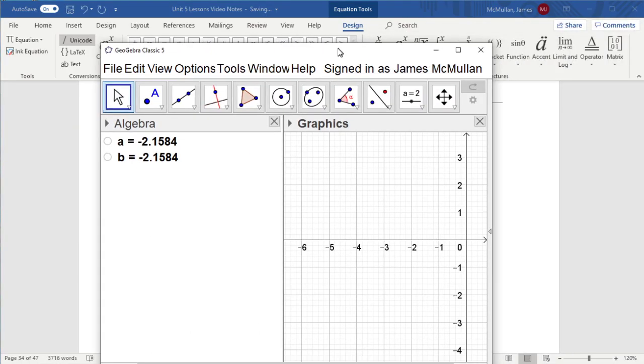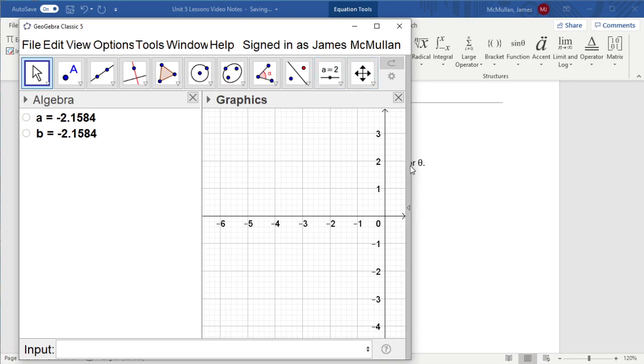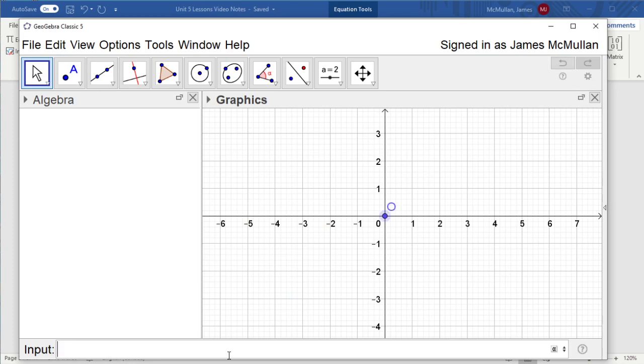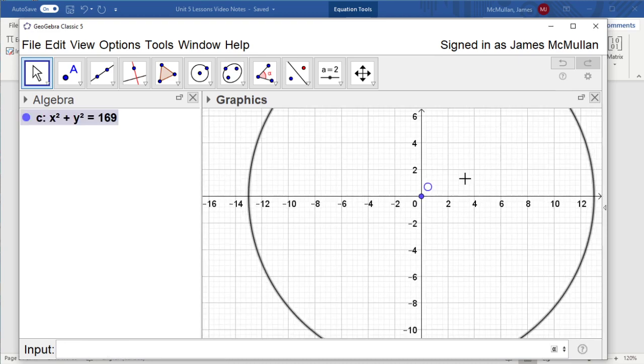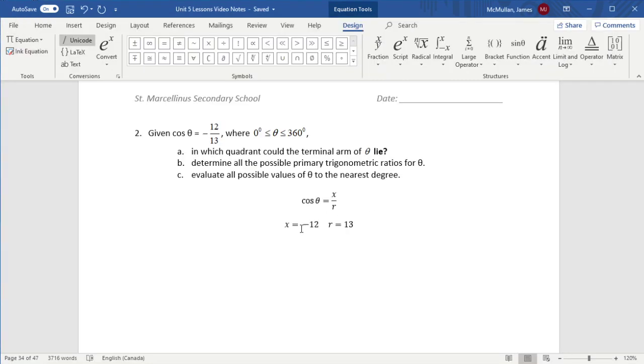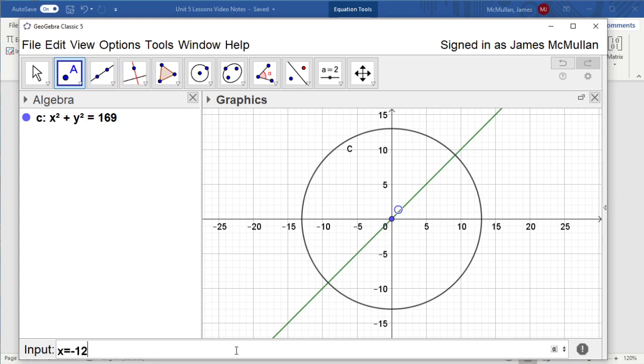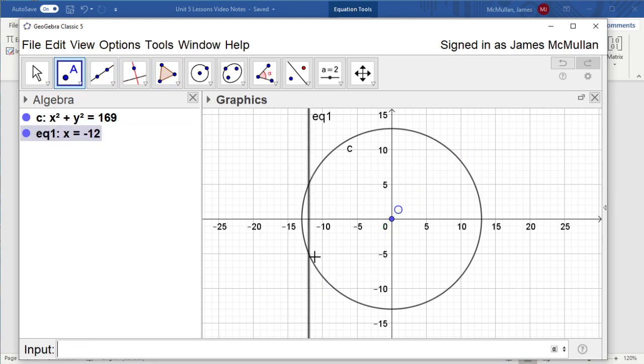Okay, now watch when I draw a circle with that information. So let's draw a circle. So we'll say O is 0,0. We'll make a circle with a center of O with a radius of 13. Now, what we know about this circle is that the x coordinate is negative 12. But look at where x equals negative 12 is. Which y are you talking about? Are you talking about the one in quadrant 2, or are you talking about the one in quadrant 3?